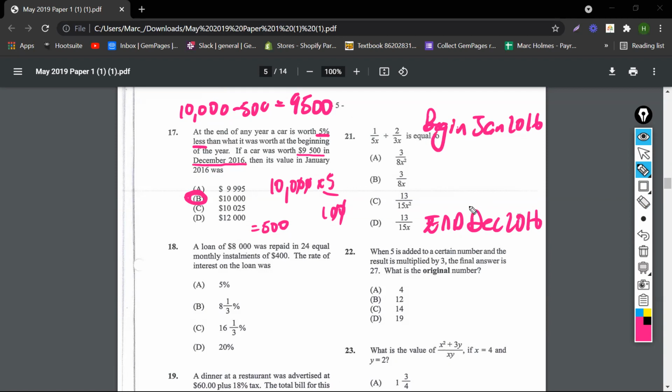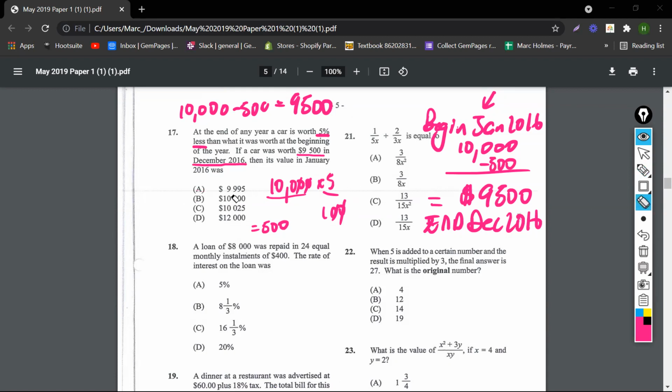So at the end of the year, it's worth 9,500. If that is 5% less than at the beginning of the year, how much would it be at the beginning of the year? It would definitely have to be 10,000, because when you multiply 10,000 by 5%, you get $500 less, and if you subtract 500 from the 10,000, you end up with 9,500. So B is the only thing that makes sense.